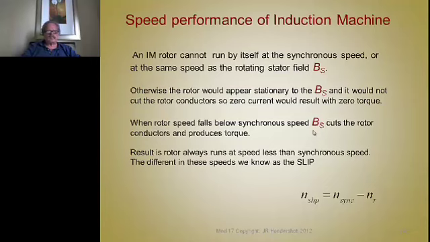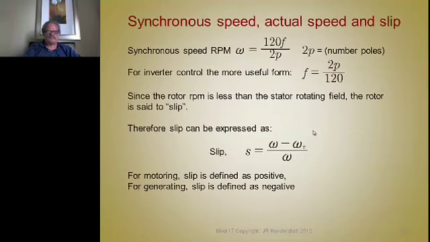You've got to have slip so that the rotor conductors cut the B field in the stator. That's what the slip does. When the rotor falls below synchronous speed of the stator field, the stator field cuts the rotor conductors and produces torque. The result is a rotor always runs at a speed less than synchronous speed. The difference in these speeds, we've said over and over, is called the slip.